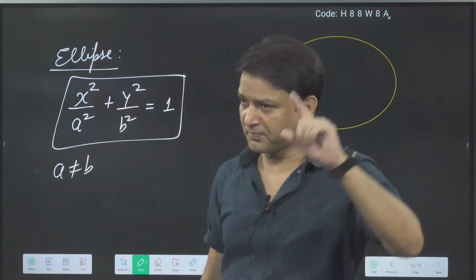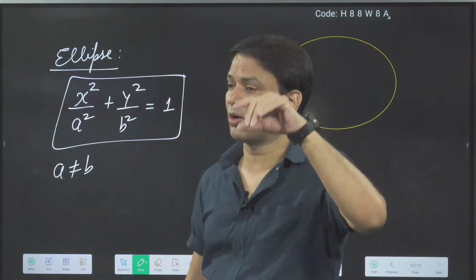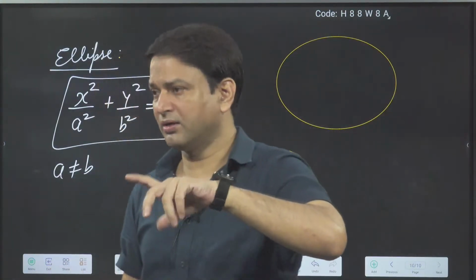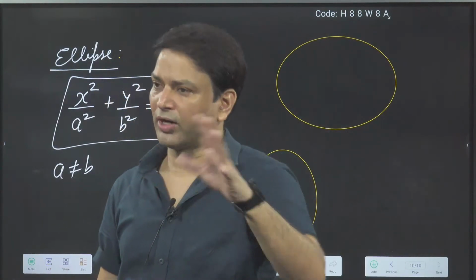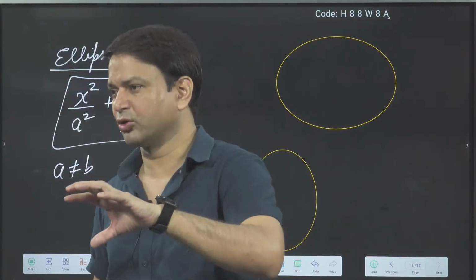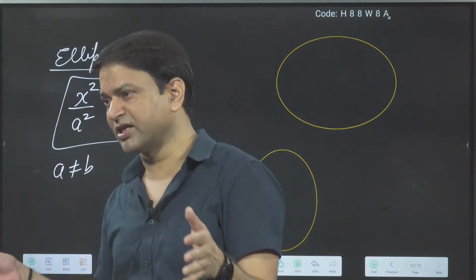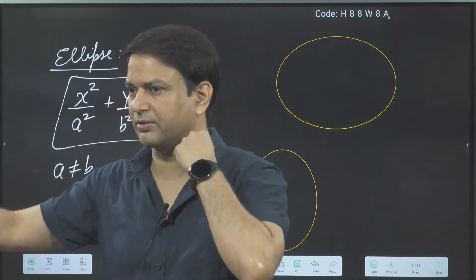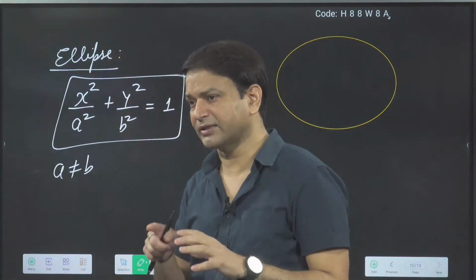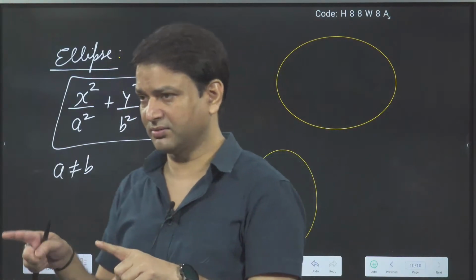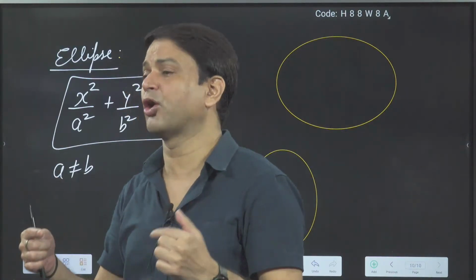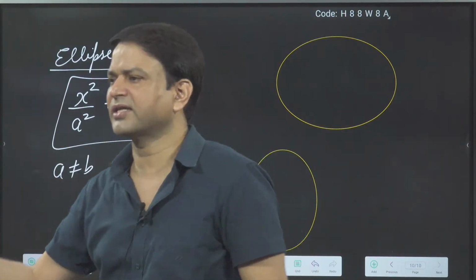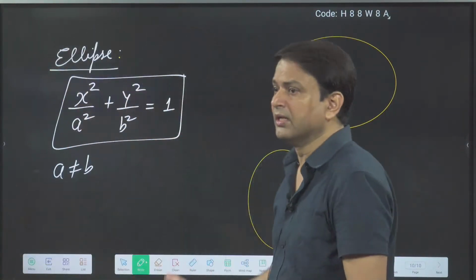Like a straight line, x power and y power were 1 and 1. Parabola: one variable power 1, the other power 2. In the hyperbola, an inverse relation was there, meaning y is inversely proportional to x to the power something. And in the ellipse, x square and y square terms are there, separated by a plus sign, and their denominators are different. Right-hand side, suppose I am taking 1.